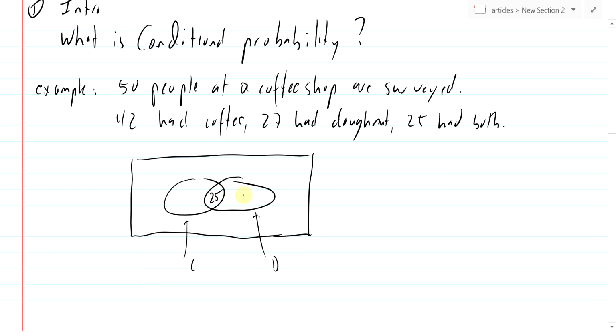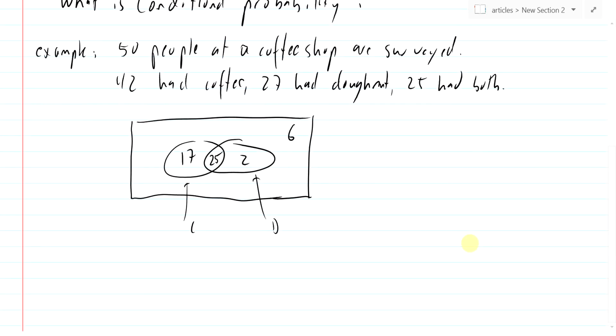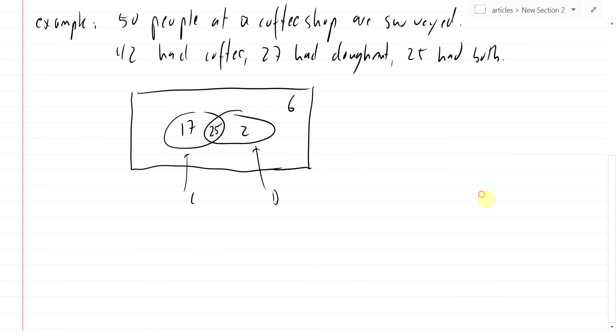That means there's 2 that had donuts but not coffee, 17 that had coffee but not donuts, and then 6 people who were at the coffee shop but had neither donuts nor coffee, and were probably just standing in line or something. Okay, so 50 people total.